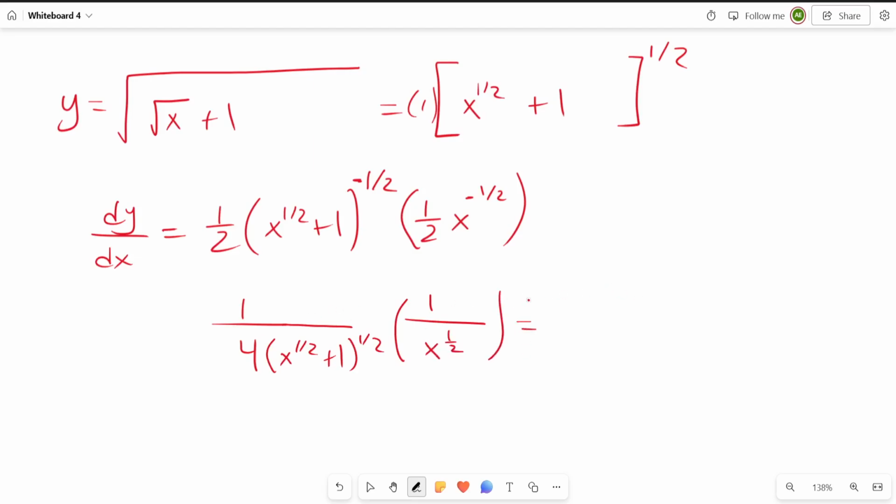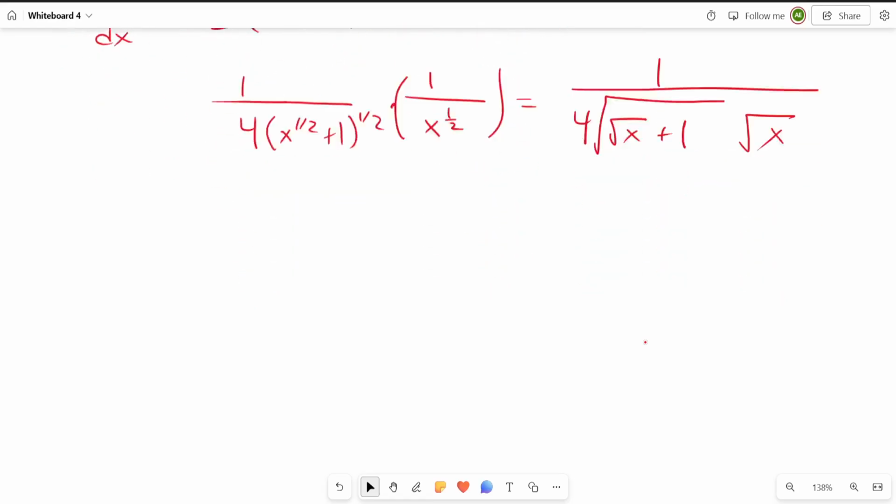This is equal to 1 times 1 is 1 in the denominator, and I have a 4 times square root, because this big thing I can change for a square root of x plus 1, and then I have multiplying by x power half, or root x. So this is basically my answer for this question.